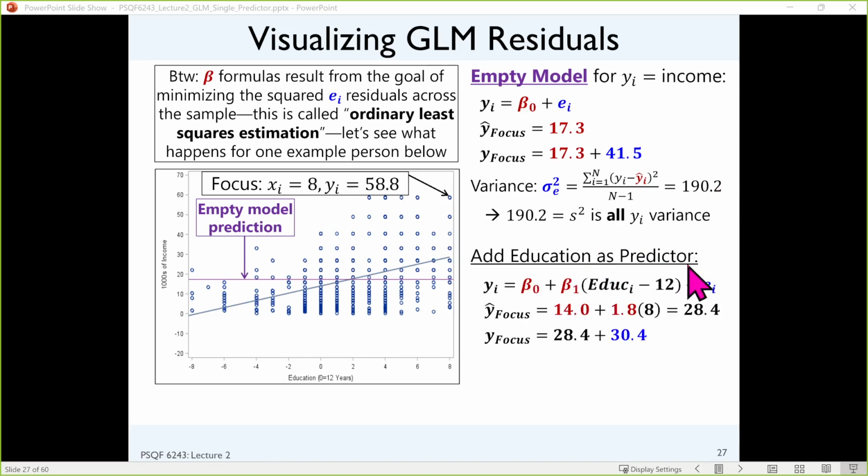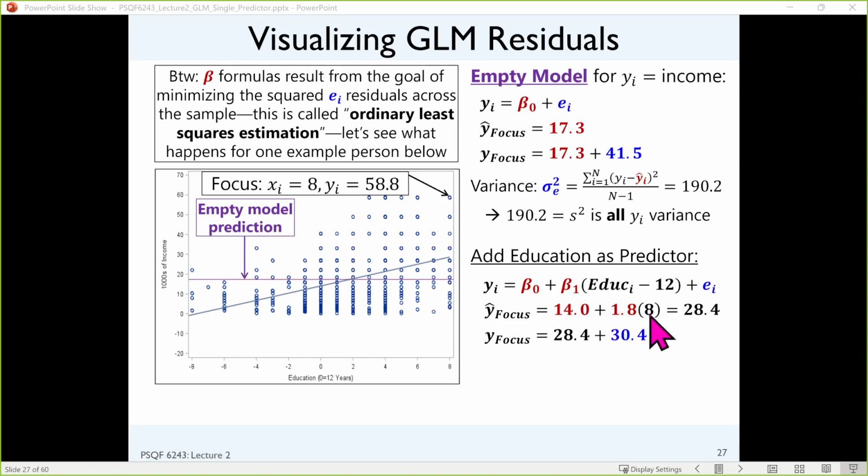So now this person, if we add my centered education, here's what the model says. I'm rounding the numbers to make it a little easier. So the prediction for this person now starts off with my beta 0. That's my fixed intercept. So 14 is what the model says income should be for somebody with an education of 12 years. When this term drops out, it simplifies down to 14.